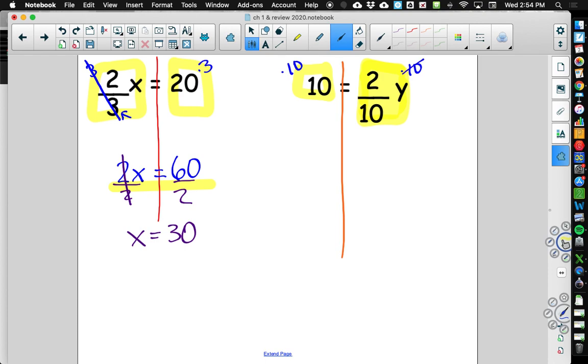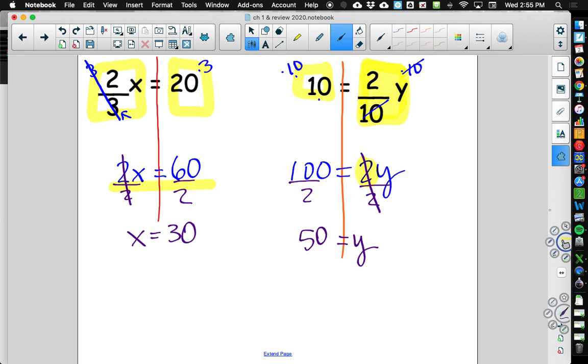The 10 on top and bottom here cancel each other out because 10 divided by 10 is 1. And what I'm left with is 2y equals, and 10 times 10 is 100. Last thing I need to do is divide by 2. And my final answer here is y equals 50.